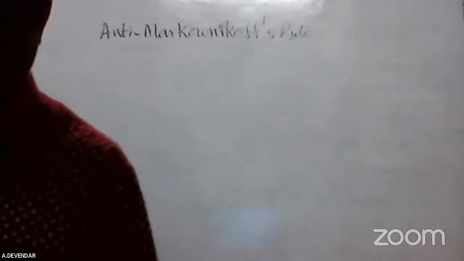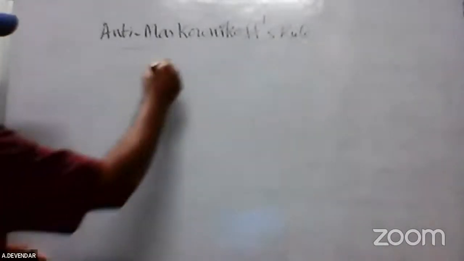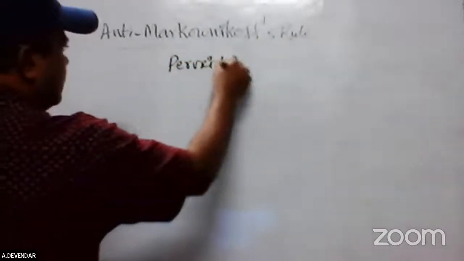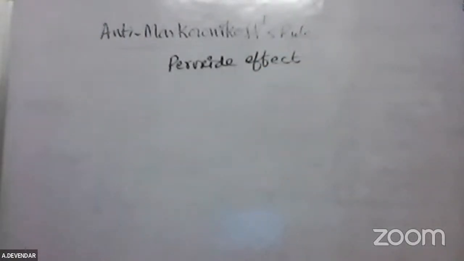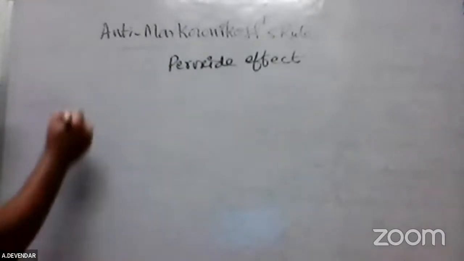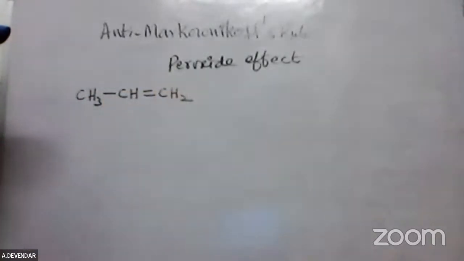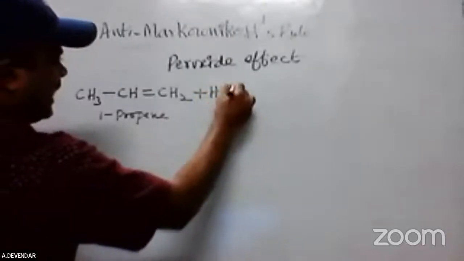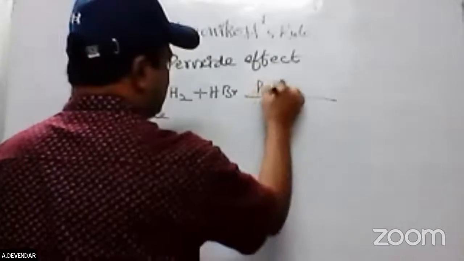Anti-Markovnikov addition is also called the peroxide effect. Just take the previous example. This is 1-propene, added with hydrogen halide in the presence of peroxide.